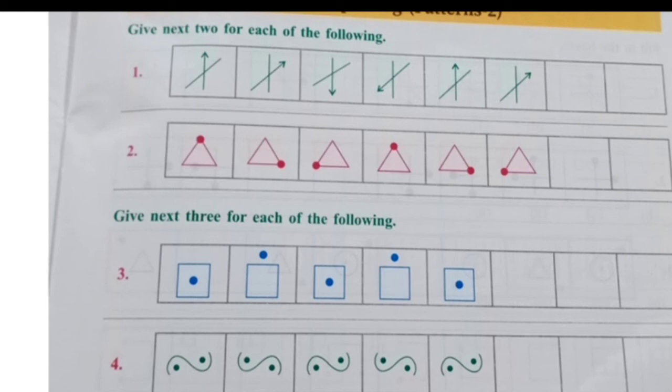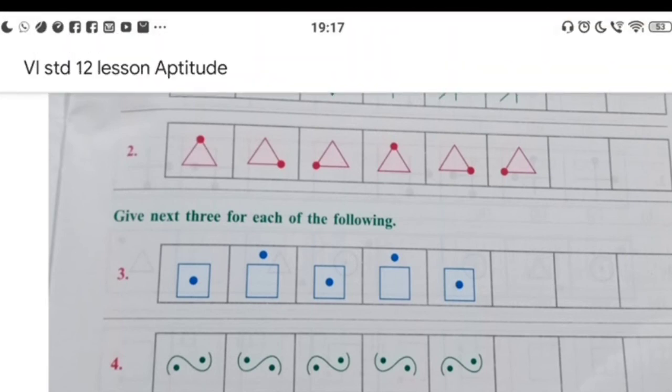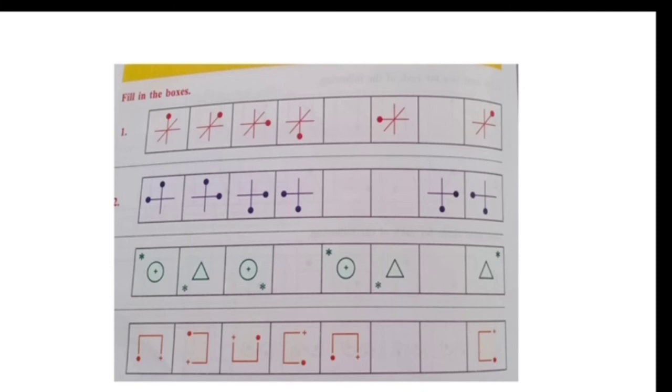So in sixth option, we have to draw exactly opposite of fifth picture. Then next exactly opposite of sixth picture. And next blank exactly opposite of seventh picture. Got it?